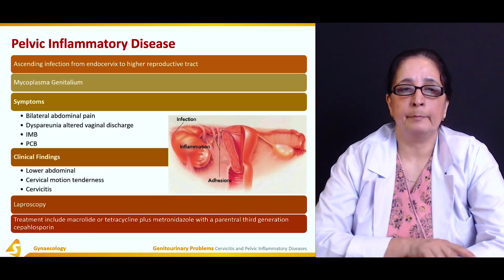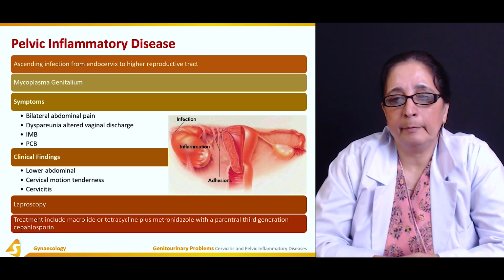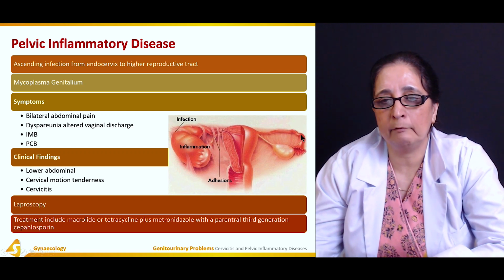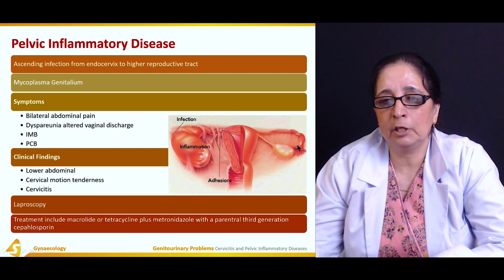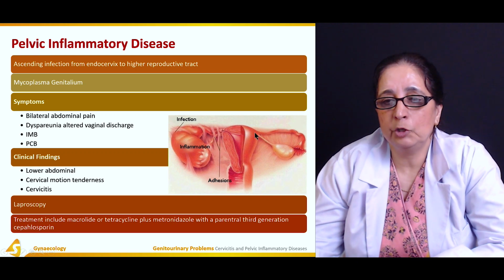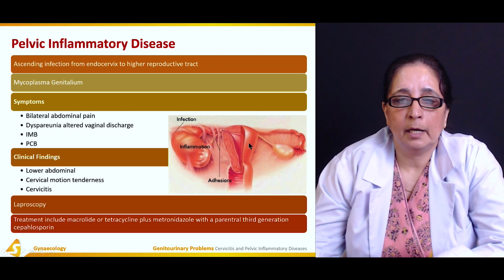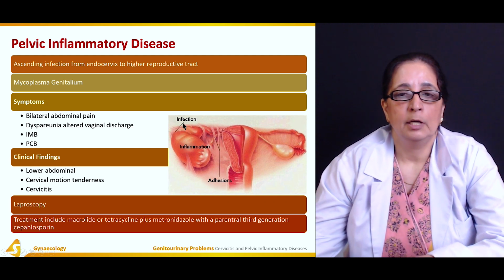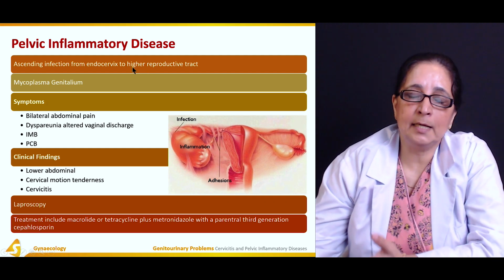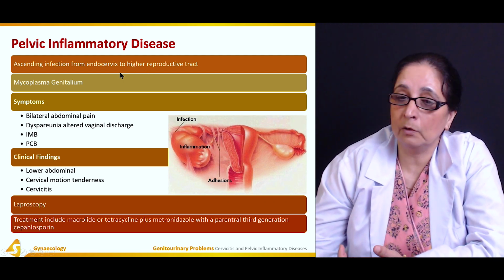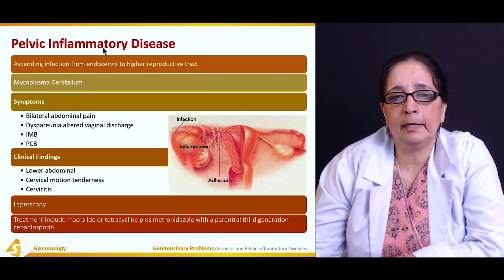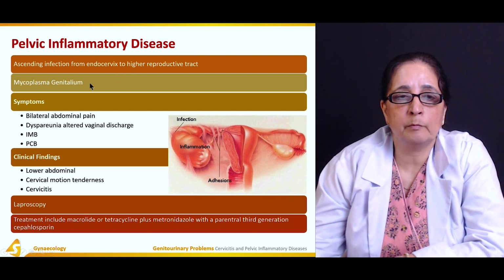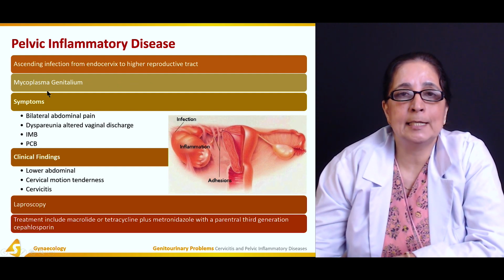Then pelvic inflammatory disease. Pelvic inflammatory disease is the inflammation of the pelvic organs, which include the fallopian tubes, uterus, and ovaries, and this leads to scarring and adhesion formation. Besides chlamydia and gonorrhea, other bacteria also cause pelvic inflammatory disease, such as Mycoplasma genitalium.